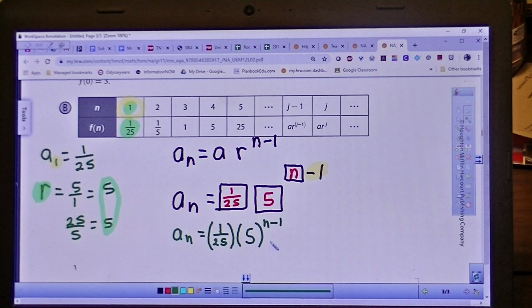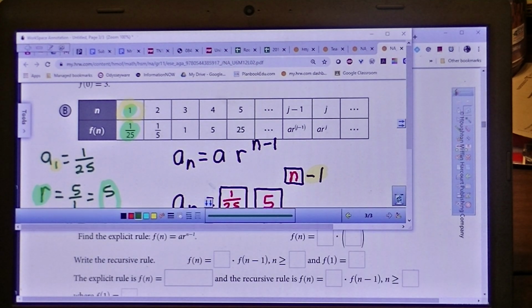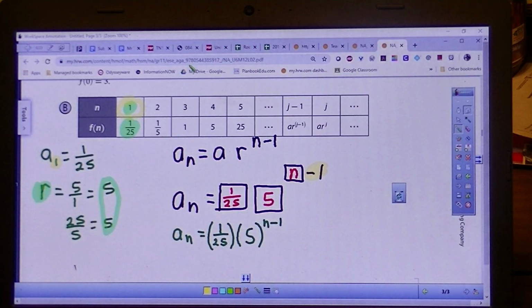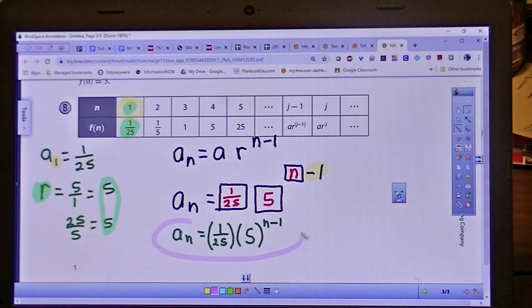And that's how I would put it in my calculator if I was needing to. So this is what we're looking for, our answer. So there's a couple of good examples to get us started with.